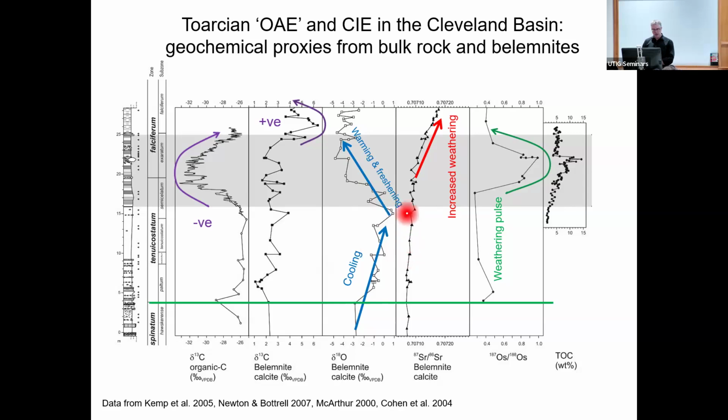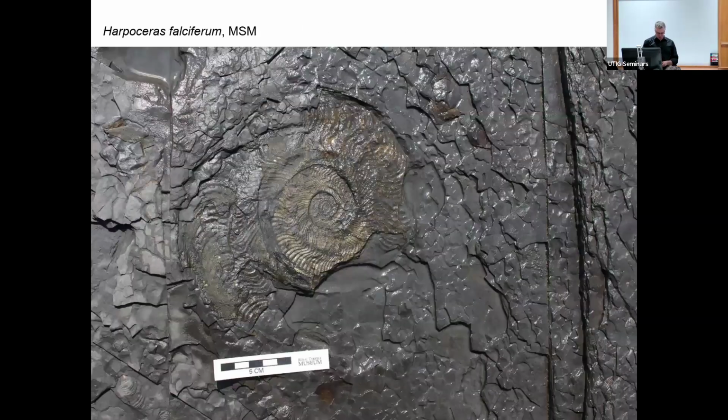We also see in strontium isotopes a change in the isotopic signature that suggests increased weathering in the basin, and also within osmium isotopes as well. So there seems to be a weathering pulse as shown by the osmium isotope signatures. And there you see the increase within this period of time of the total organic carbon content as well. So lots of interesting stuff going on in terms of geochemistry reflective of environmental perturbations within the Cleveland Basin.